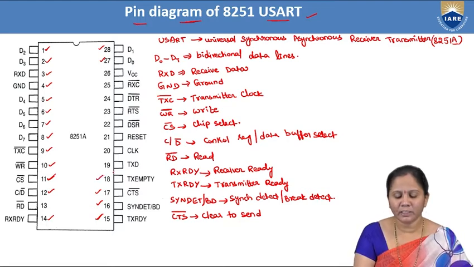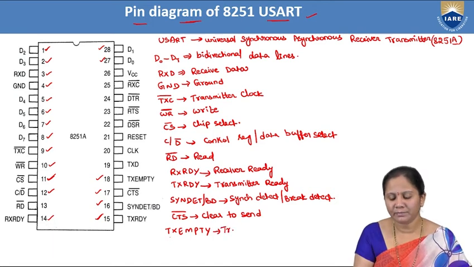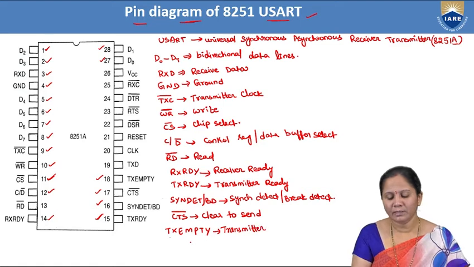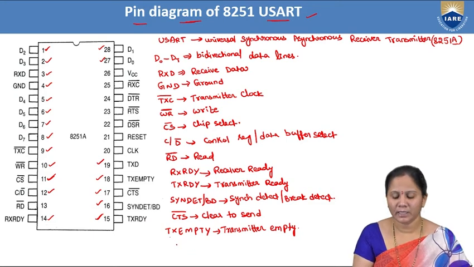The 18th pin is TX EMPTY. In this case TX stands for transmitter and EMPTY represents empty. The next signal, the 19th pin, is TXD.